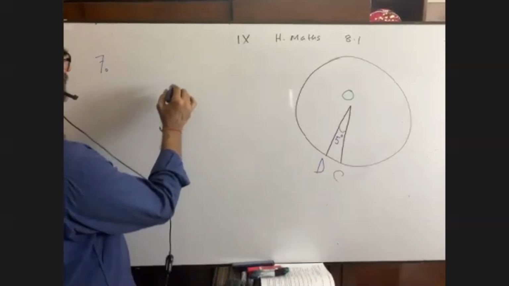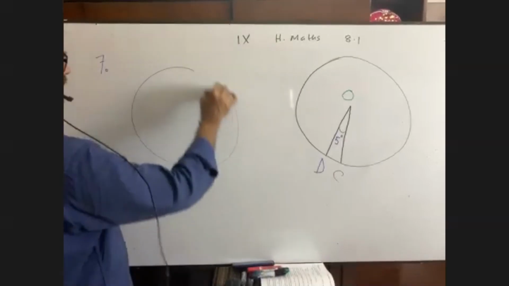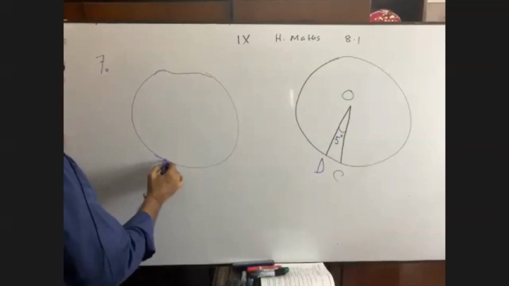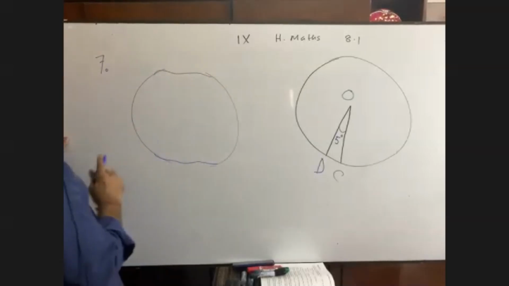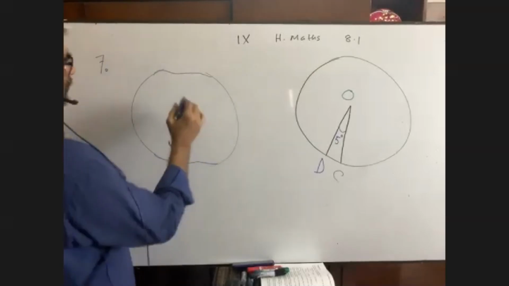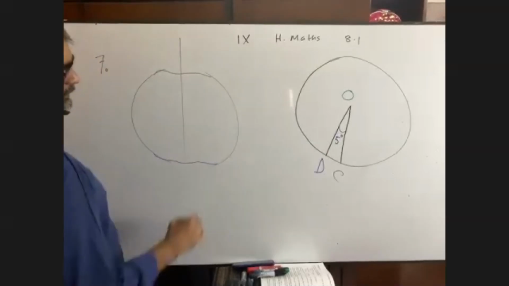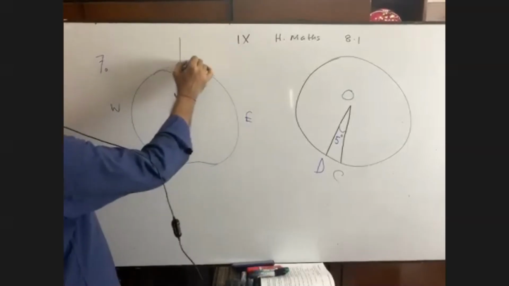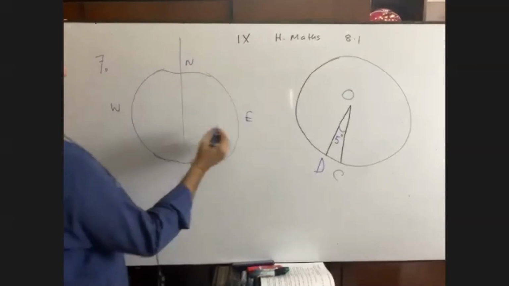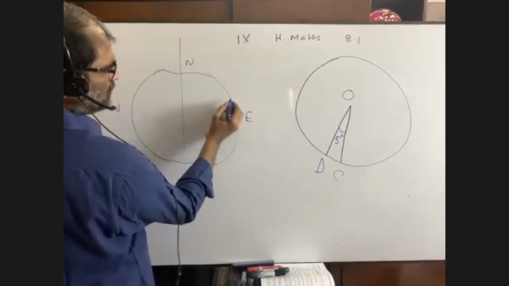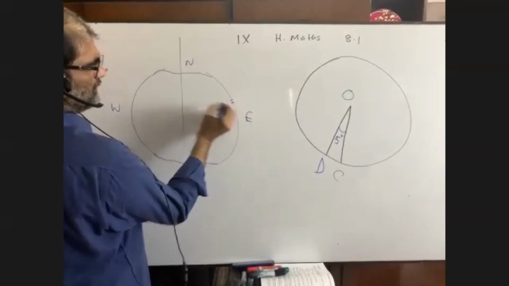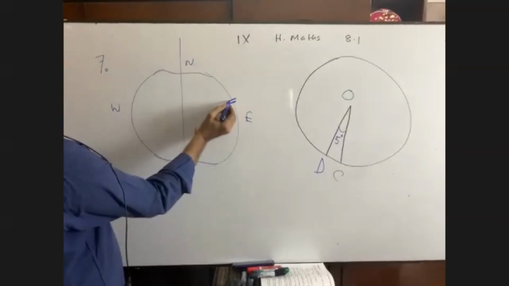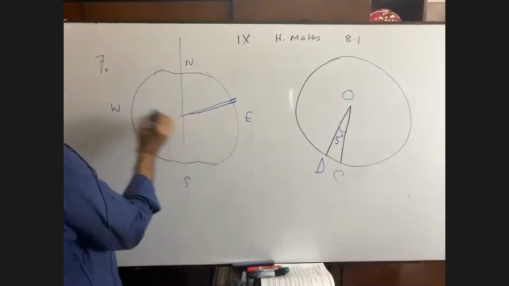It is bent like this, right? It is divided into east, west, north, south. Dhaka and Chittagong are in the eastern portion, so they have almost the same radius.